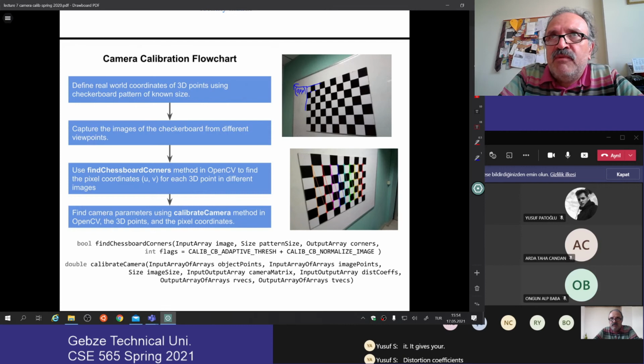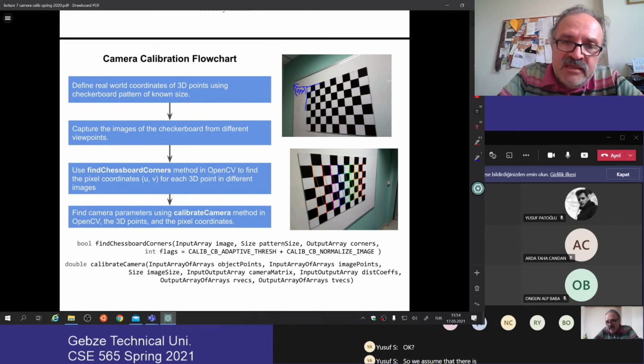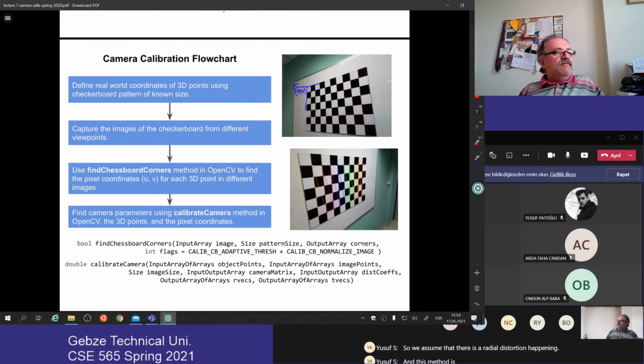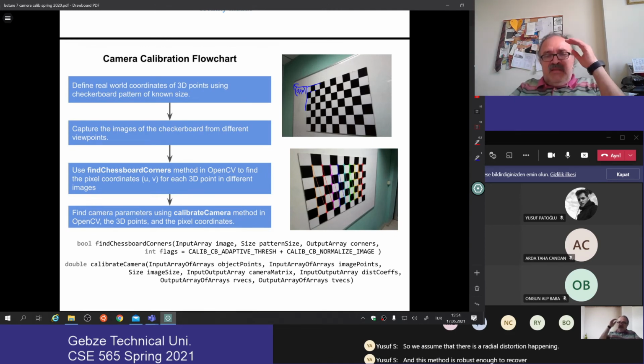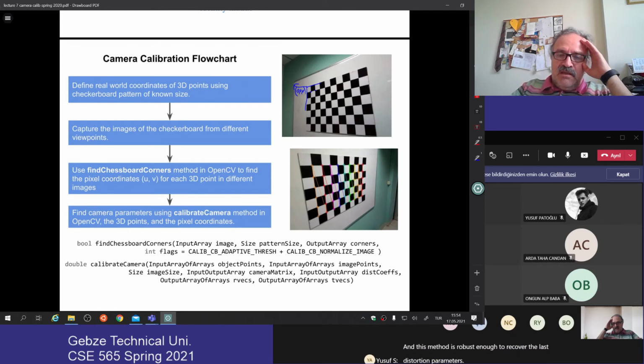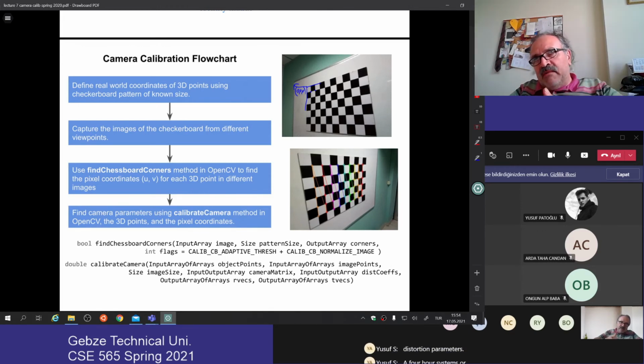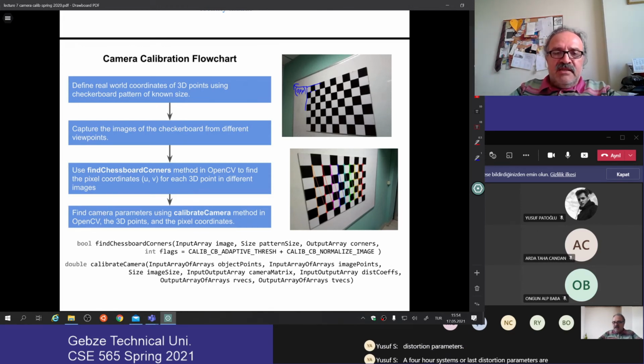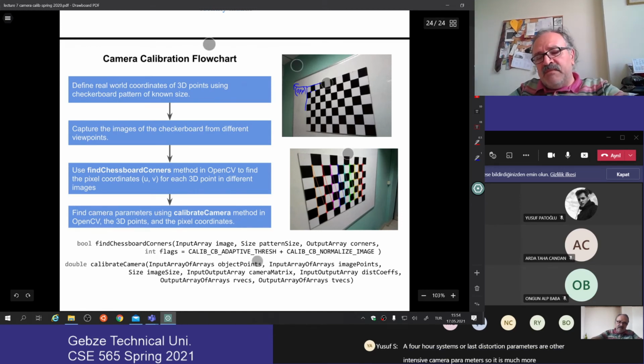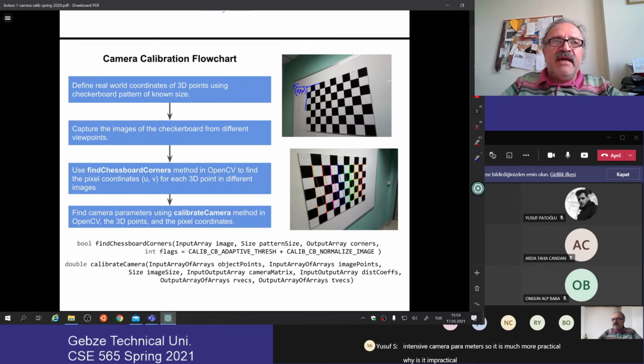Remember, our lenses are not perfect. So we assume that there is a radial distortion happening, and this method is robust enough to recover the lens distortion parameters for our system. So lens distortion parameters are other intrinsic camera parameters. So it is much more practical. Why is it practical? You don't have to buy a special three-dimensional calibration pattern.